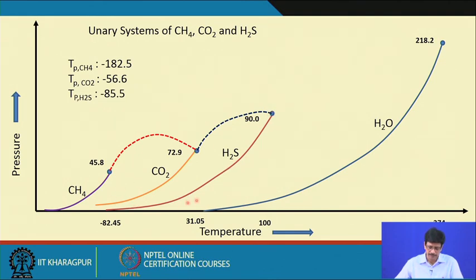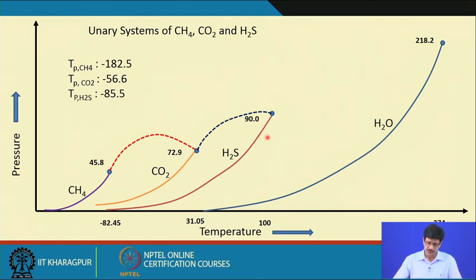H2S has a triple point which is lower than that of carbon dioxide. It has a critical temperature of about 100 degrees Celsius and 90 bars, and this is carbon dioxide. So, carbon dioxide and H2S are also miscible, and there is no immiscibility in their phase relation, and you can also have a continuous H2S and carbon dioxide critical curve.